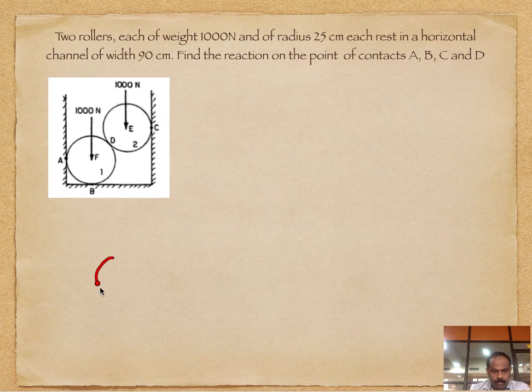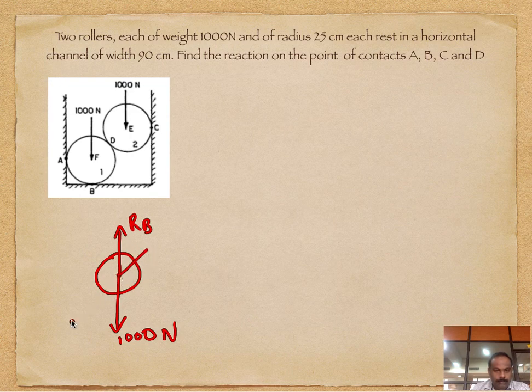You have the roller, so 1000 Newton acting downwards, and upwards you have your RB, and this angle is theta. And you have a normal acting this way, this is RA.